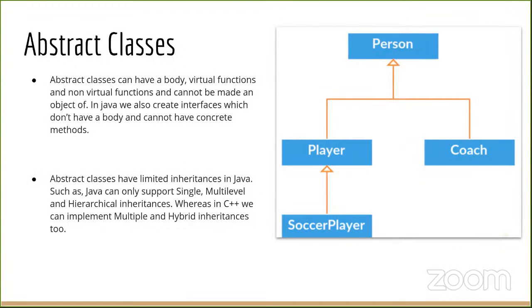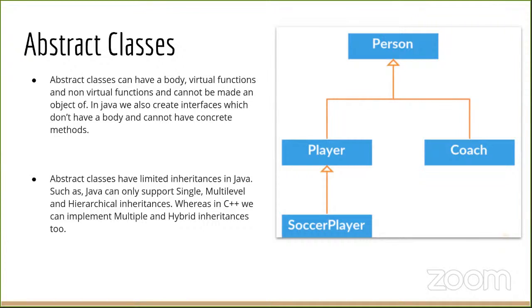So abstract classes can have a body. They can have constructors, concrete methods and non-concrete methods, and variables too. But we cannot create an object of an abstract class. In Java, we also have a reference type similar to abstract classes, which are called interfaces.